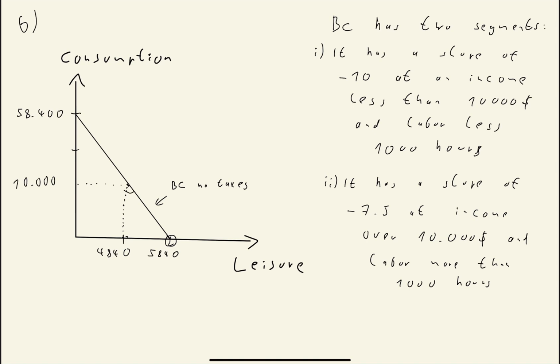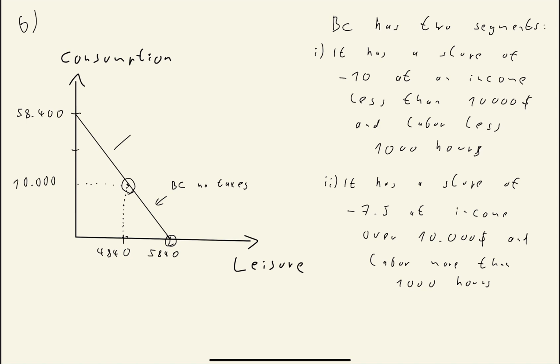So starting from this point here, the slope of this budget constraint with this two-segment tax bracket changes and it will be flatter, because the opportunity cost of leisure is lower compared to the opportunity cost of leisure where we do not have any taxes at all, which is represented by this budget constraint here.